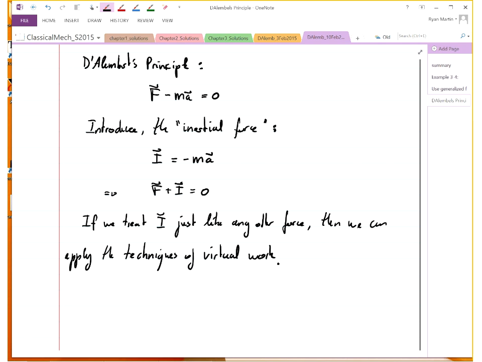Or another way to say it would be there must be a frame of reference, for sure instantaneously, where the system appears to be at rest. And that frame of reference might be a weird frame of reference that's presumably accelerated, as the sum of the forces isn't zero. But in that weird instantaneous accelerated frame of reference, you can set things up so that the sum of the forces is equal to zero.